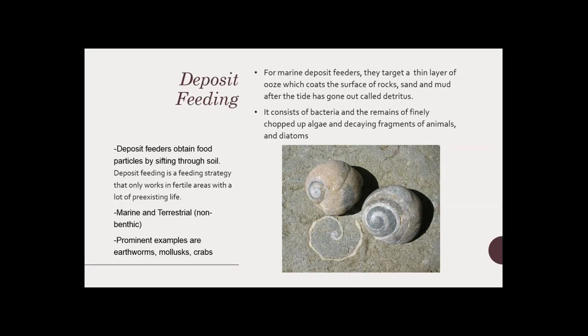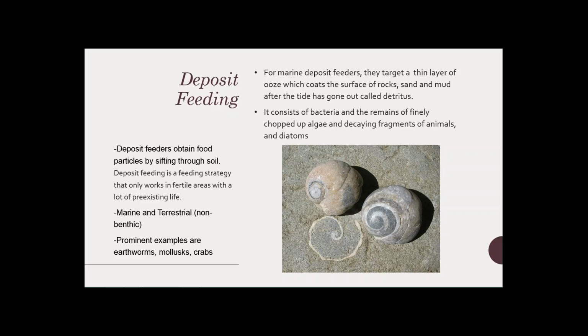They can be terrestrial, so if we think of things like worms, but they are also found a lot in marine environments. So it usually only works in areas where the soil is going to be moist, something that they can actually move through. If you think of somewhere with hard rock on the ground, then you're not going to find any earthworms or any snails or any other animals living there.